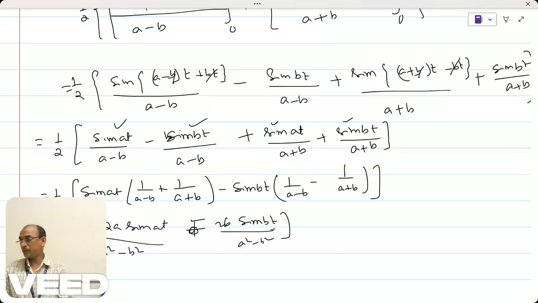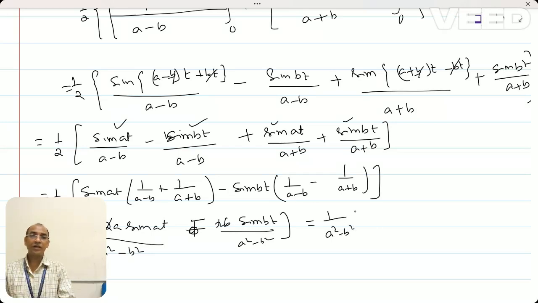And so finally, 2 will get cancelled everywhere, so I will get 1 by a square minus b square into a sin at minus b sin bt.